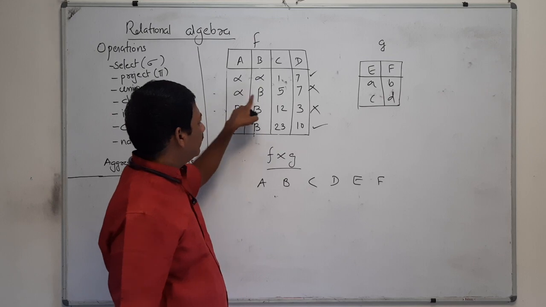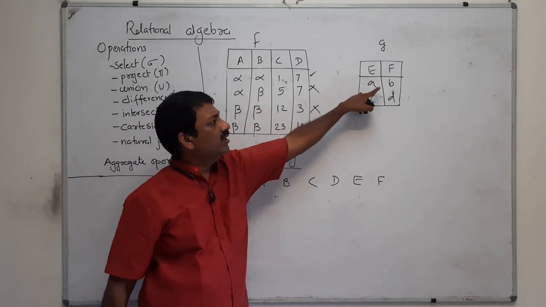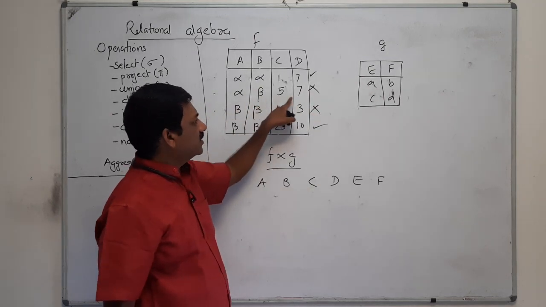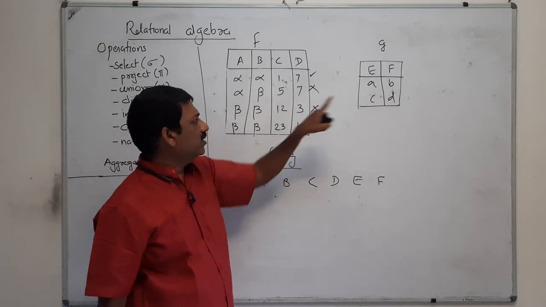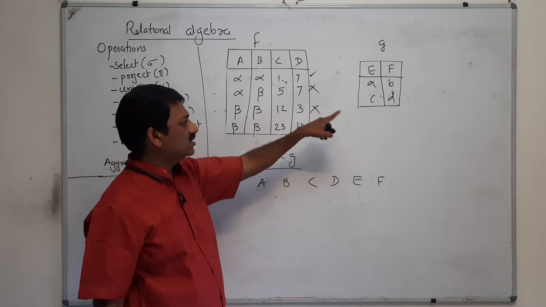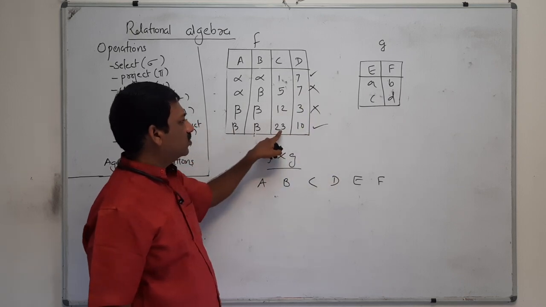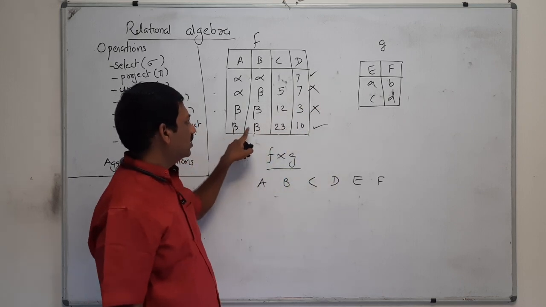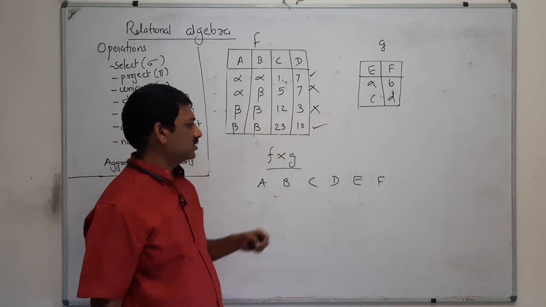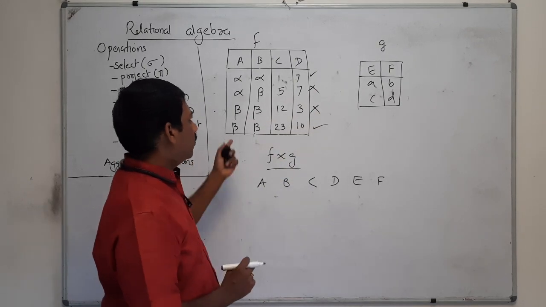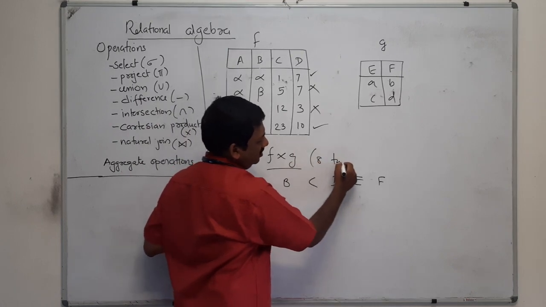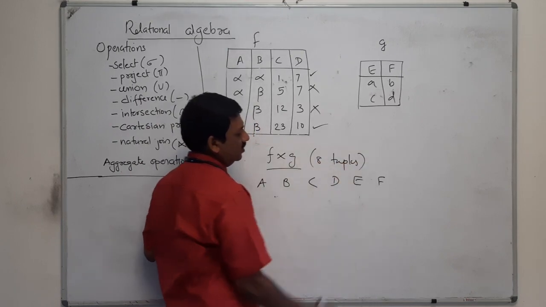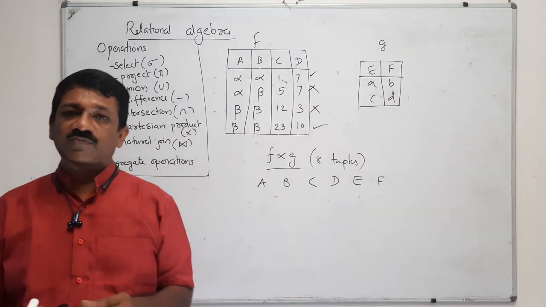Then after that alpha beta 5 7 AB, alpha beta 5 7 CD, beta beta 12 3 AB, beta beta 12 3 CD, beta beta 23 10 AB, beta beta 23 10 CD. So a total of 4 into 2, 8 tuples will be there. So that is Cartesian product.